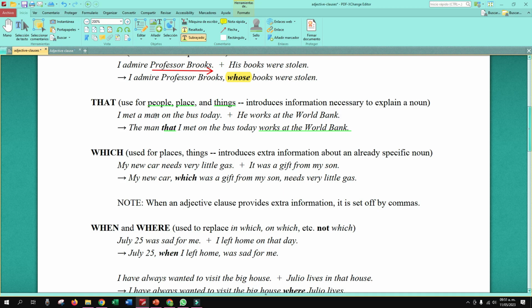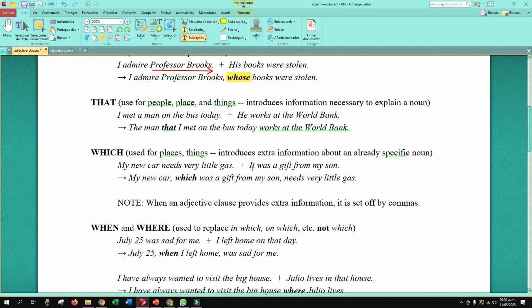So that will be which, used for places and things. It introduces extra information about an already specific noun. My new car needs very little gas.